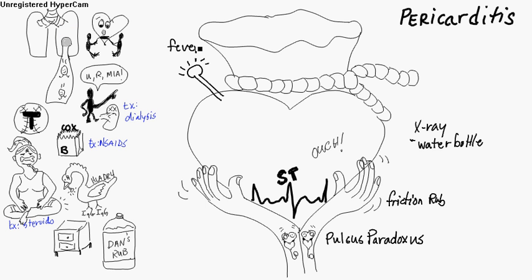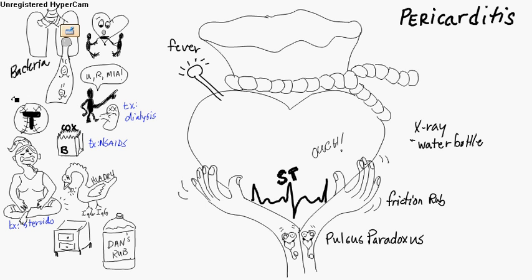And a non-productive cough that often can happen, mainly because pericarditis, which is the inflammation of the pericardium, can be caused by viruses and bacteria. So one of the ways is bacteria. And you've got viruses.